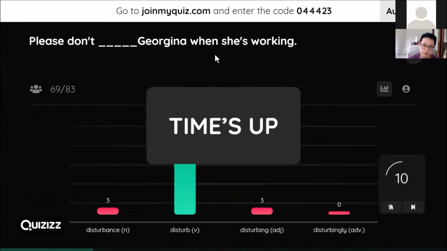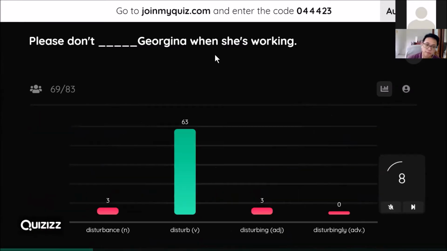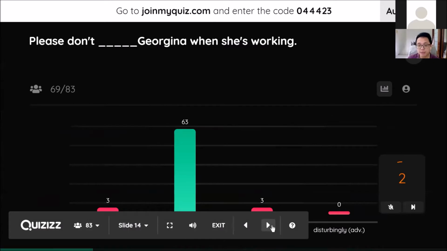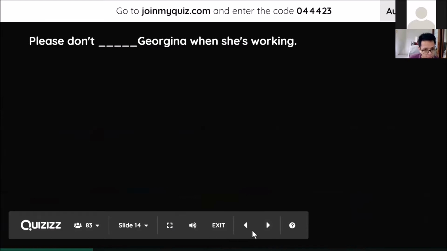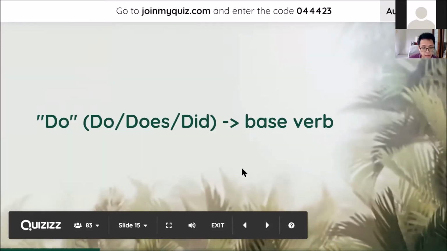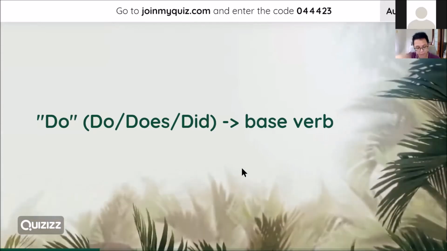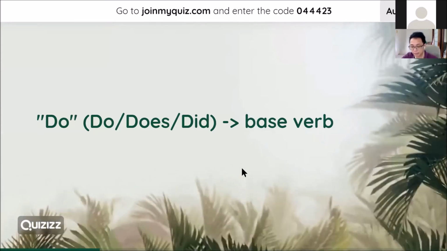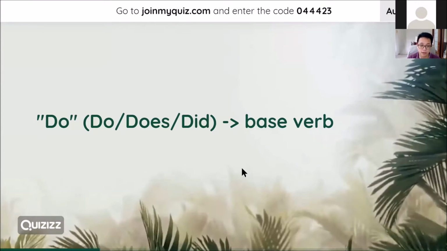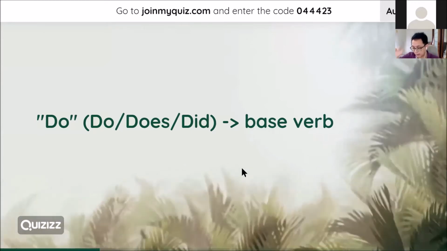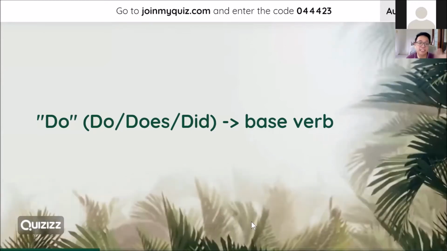Okay. So here, look at this don't. Don't is do not. So it's what we call a dummy do. 它其实还没有什么作用的 don't，it doesn't bring meaning to the sentence. 它只是帮助另一个字罢了。So please do not disturb.